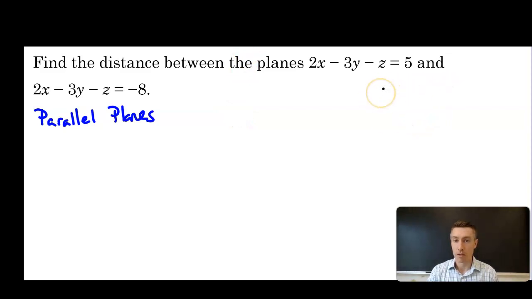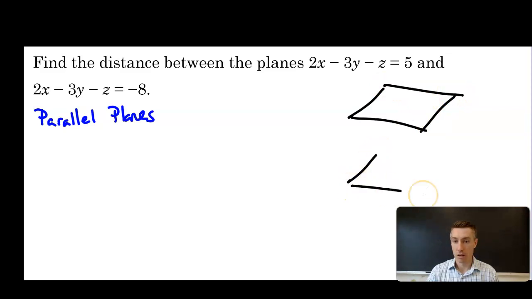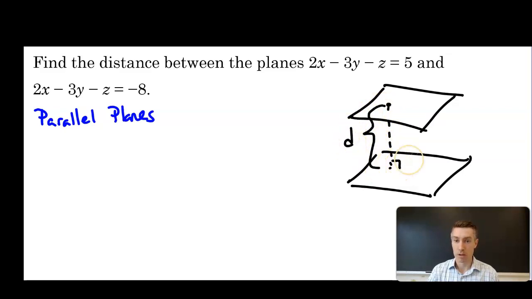We can draw them out so we can get an idea here. Okay, so we have two planes. Let's say from this point to this point, if we drop a perpendicular, that's the distance we're looking for, right? That would be perpendicular. We still have that normal vector.